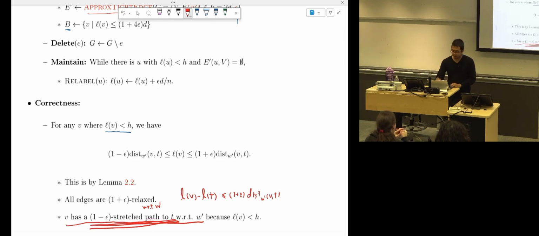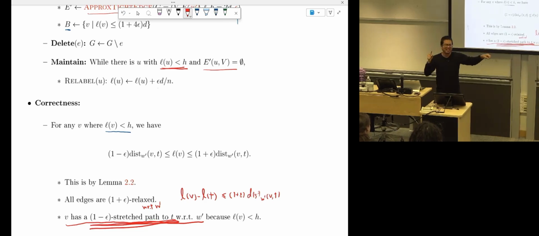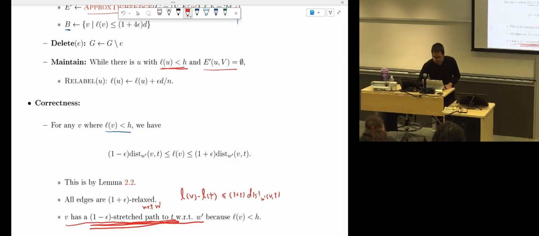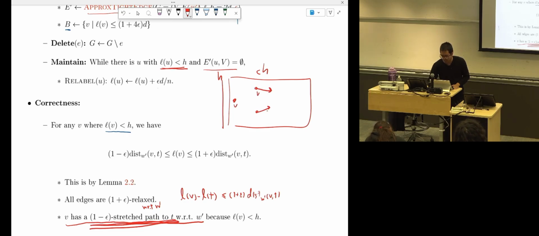Exactly, right? For everyone whose level is less than H, as long as it has no active edge, we just increase the level. So if V has level less than H, let's say this is H, so everyone here is less than H, V must have some active edge out of it, right?